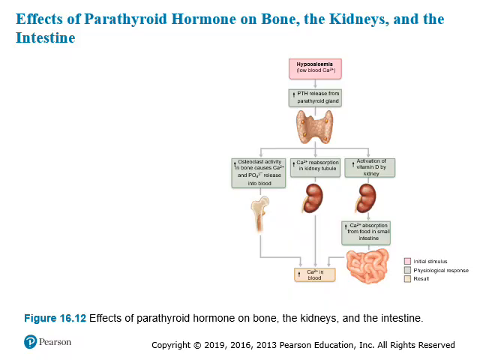In the bone, the parathyroid stimulates bone breakdown and resorption to release calcium and phosphate. In the kidneys, it increases calcium retention and decreases phosphate retention, leading to more phosphate excretion in the urine.